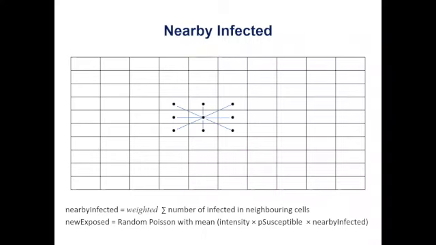It's a random Poisson with a mean given by the product of the proportion of susceptible in that cell multiplied by the nearby infected multiplied by the intensity. And the nearby infected is defined as the weighted sum of the number of infected individuals in the current cell plus the neighboring cells. Okay, so nearby infected would include the current cell and the neighbors, the Moore neighborhood.